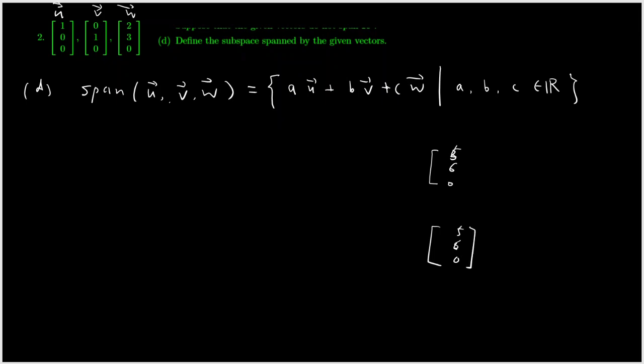Is the vector in the spanning set of u, v, and w? The spanning set is the set consisting of all linear combinations of u, v, and w. To see if that vector is in the spanning set, all we need to answer is: is that vector a linear combination of u, v, and w? If it is, how do we write it as a linear combination of u, v, and w?